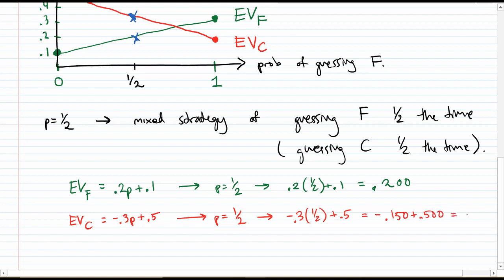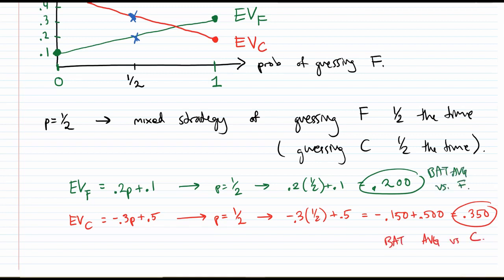Looks like I'm going to have a 0.350 average against a curveball. Okay. And those might seem pretty good. In particular, batting average of 350 versus a curveball is great. Batting average of 200 versus a fastball is not so great, but it could be worse.